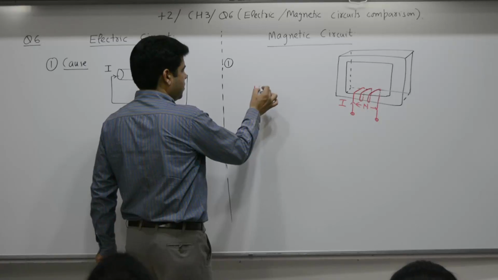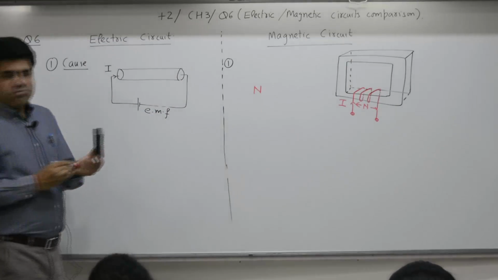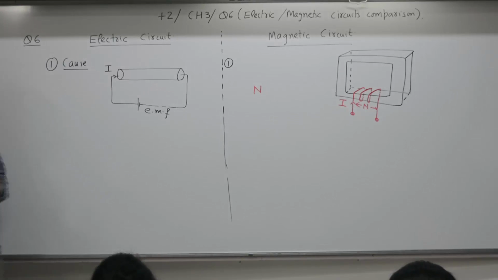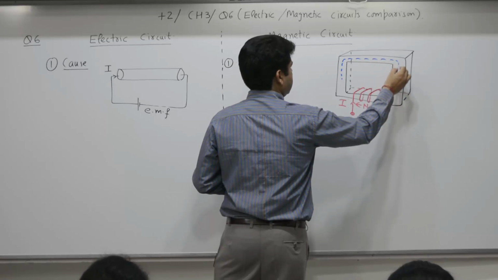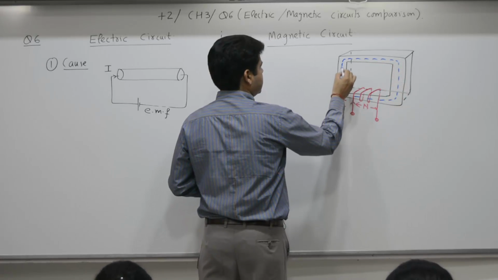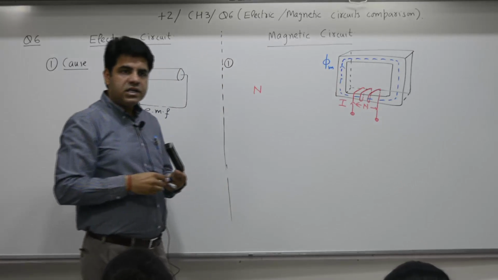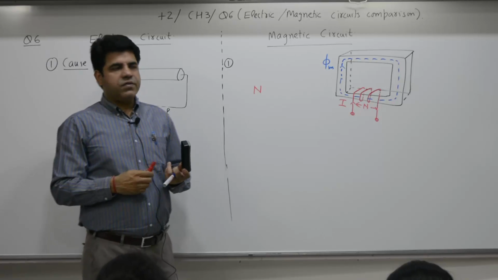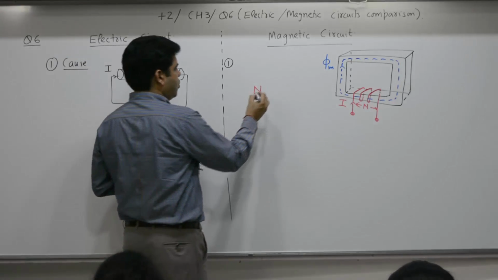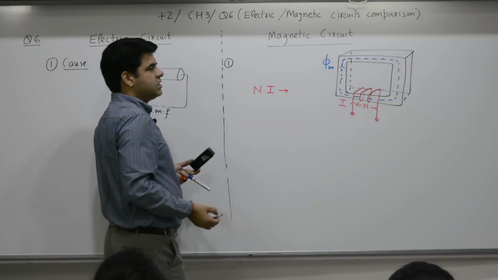If you increase the number of turns, the magnetic flux, magnetic lines, you call this magnetic flux phi m, increases. If there is no current, there is no magnetic flux. If there is more current, more magnetic flux. More number of turns, more magnetic flux. That means Ni decides this flux.